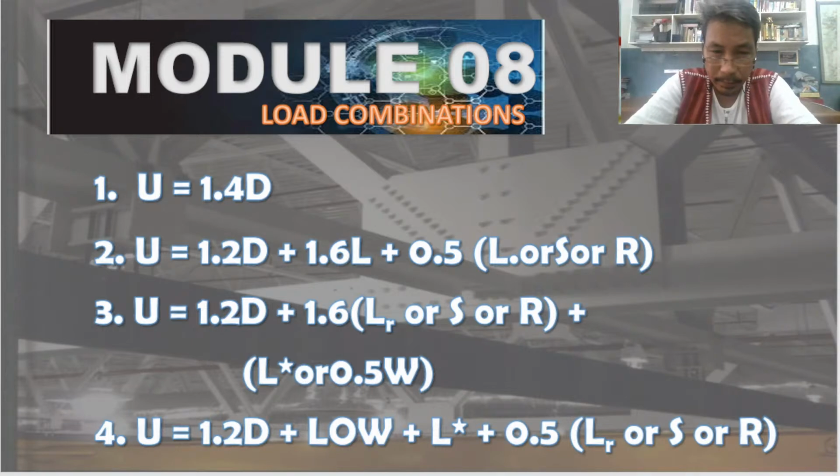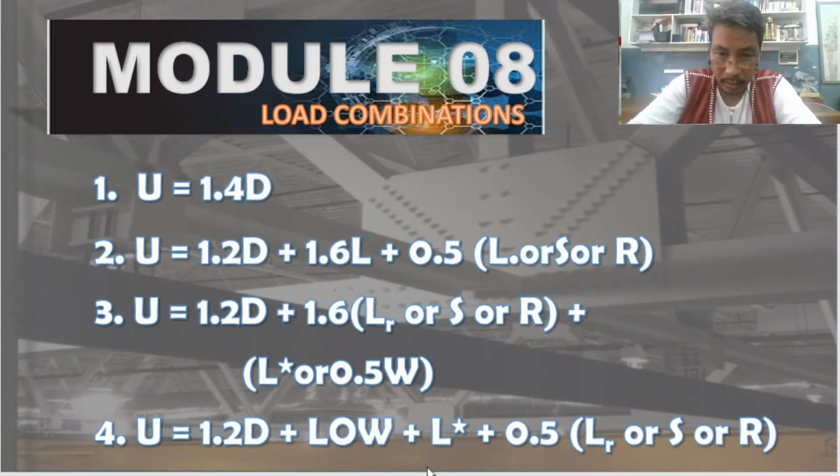So number 3, please memorize. Required strength is equal to 1.2 dead load plus 1.6 either roof load or rainfall load, just remove S for snow load, plus either live load or 0.5 wind load.